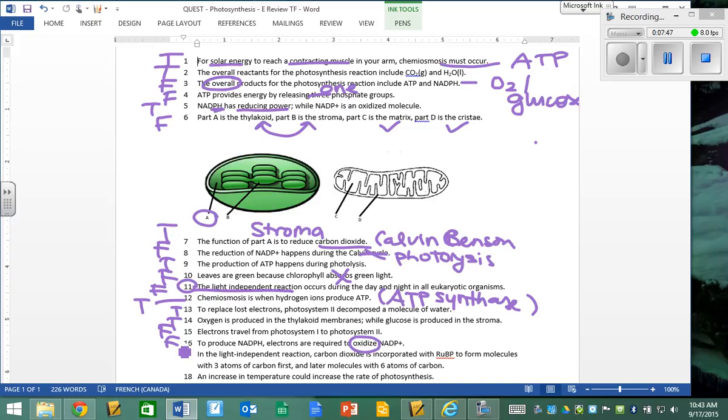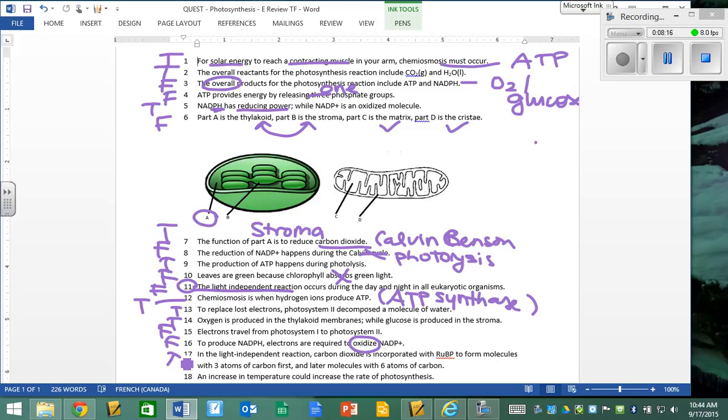Number 17 says, in the light-independent reaction, carbon dioxide is incorporated with RuBP to form molecules with 3 atoms of carbon first, and later molecules with 6 atoms of carbon. It's essentially what's happening. I left out some of the details, but when one Calvin-Benson cycle happens, I get a 3-carbon molecule, and when the cycle happens twice, I get a second one.